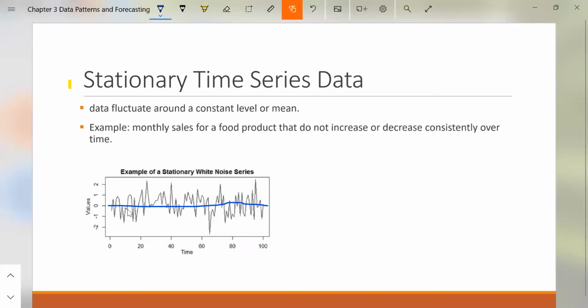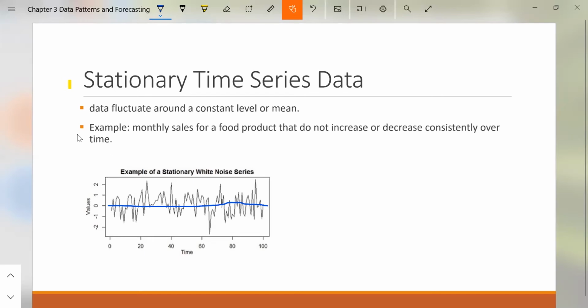You can see the data deviates from this constant, but not far away, and we don't see any other pattern. We don't see any trend going up consistently or going down. We don't see the same pattern repeat itself over time. And therefore we say this type of data is stationary, okay?